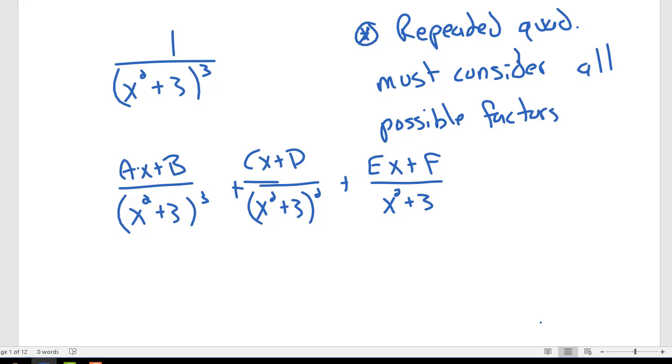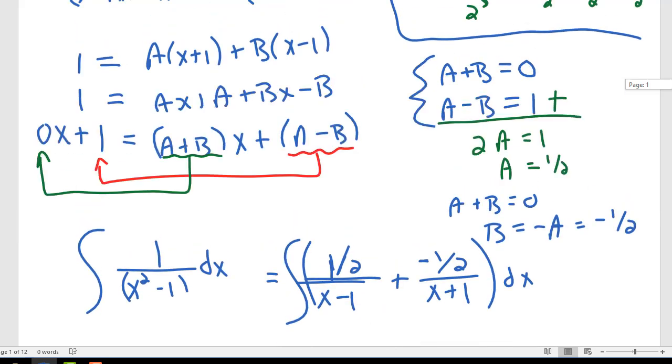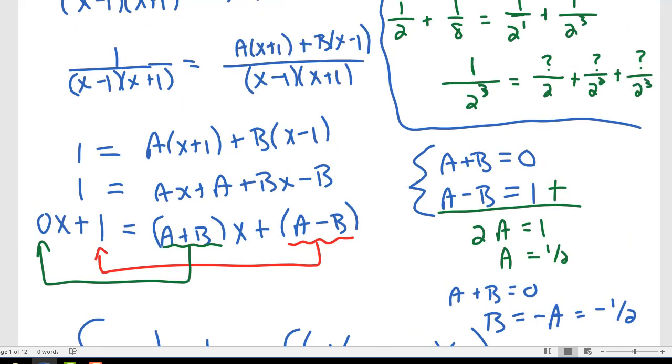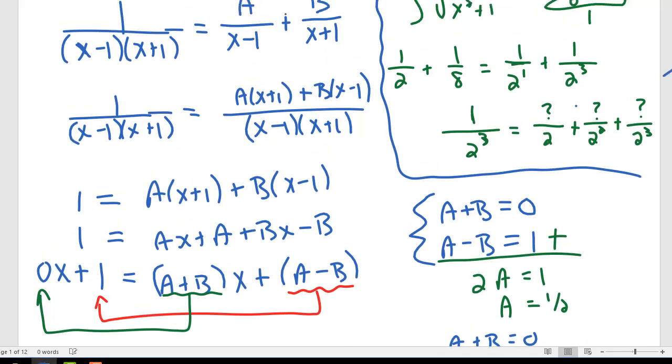Now, let me scroll back up because I want to point this out to you. When we solved this decomposition here, we ended up with a system of equations. So we had our assumed decomposed form, and we got a common denominator.